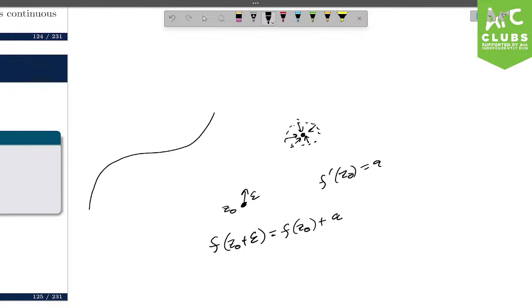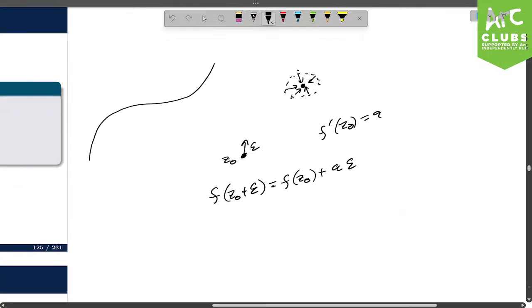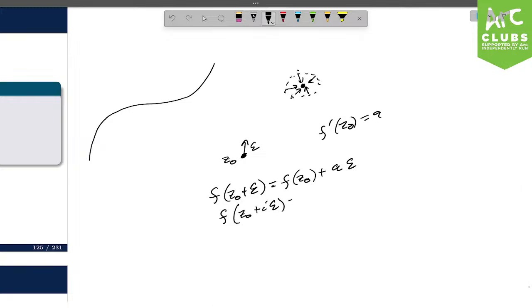It tells me, okay, equals a epsilon. And this is really interesting in complex numbers because epsilon is a complex number. Epsilon can be in whatever direction. And so if I take this to be really small, then it also means that f(z0 + i epsilon) equals f(z0) + i a epsilon.